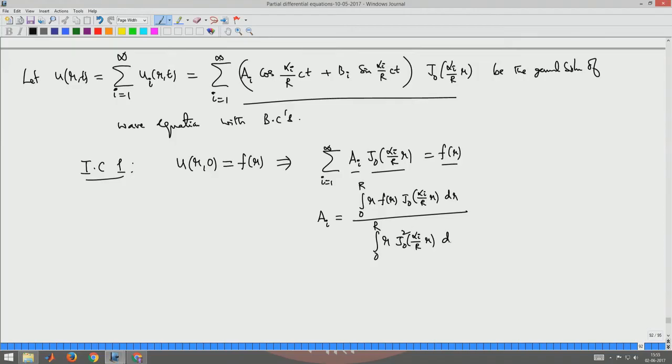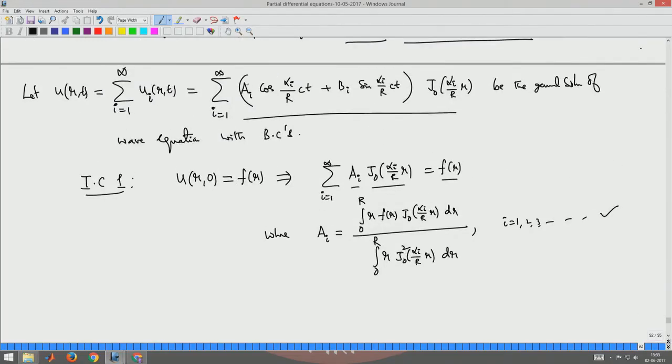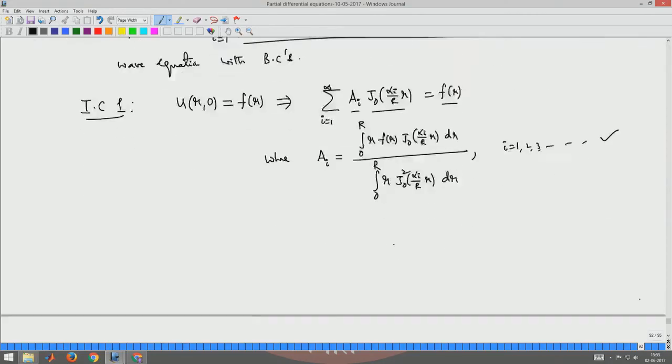So, you have the integral of r J0 squared dr. This is what you get, for each I from 1, 2, 3 onwards. So, if you apply initial condition 1, I can get my A I like this in the general solution here. So, A I is known, which is this. Now, apply the initial condition 2.